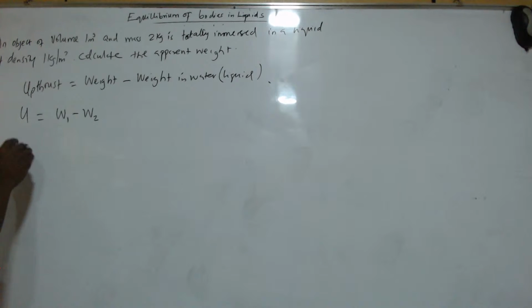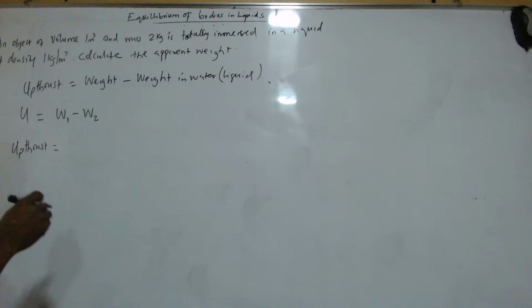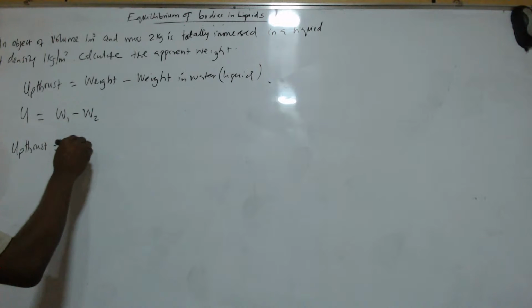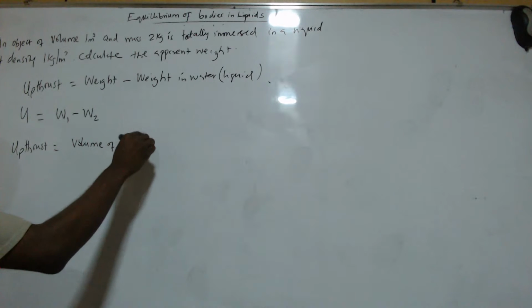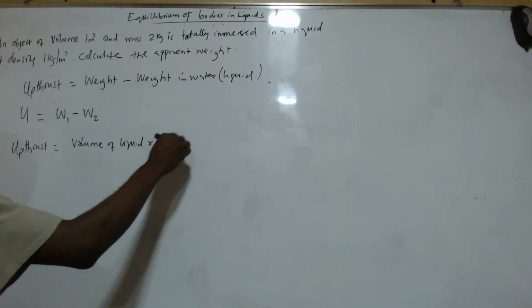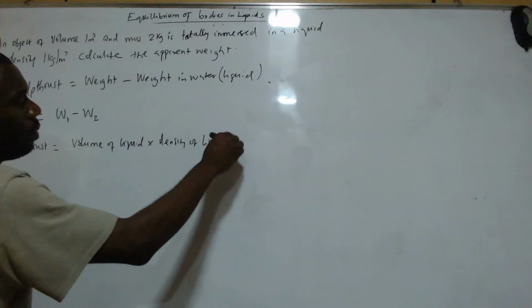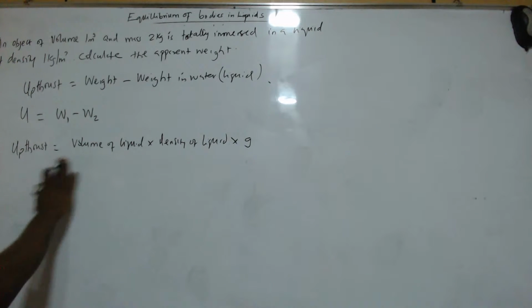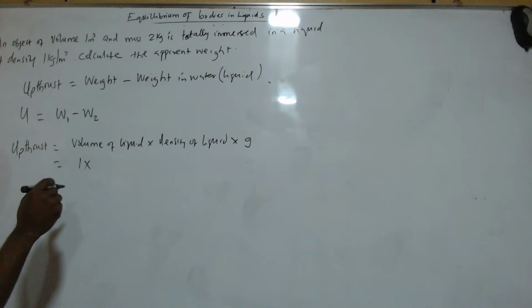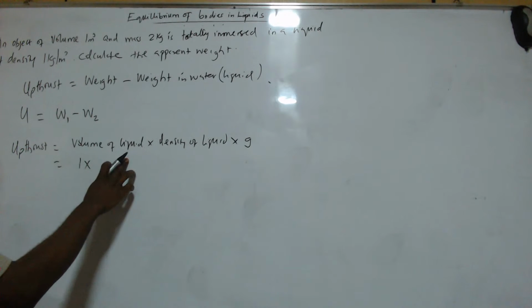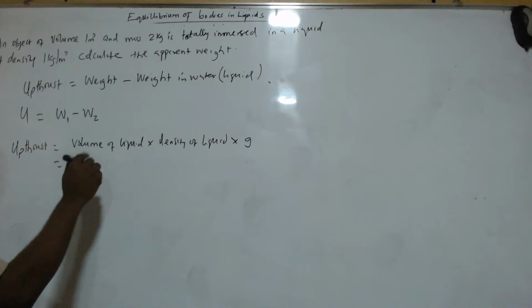So upthrust, since it is fully immersed, will be equal to volume of liquid times density of liquid multiplied by g. So volume of liquid is 1 times density of liquid is 1 times 10.